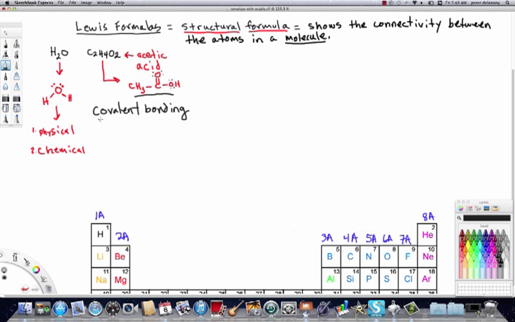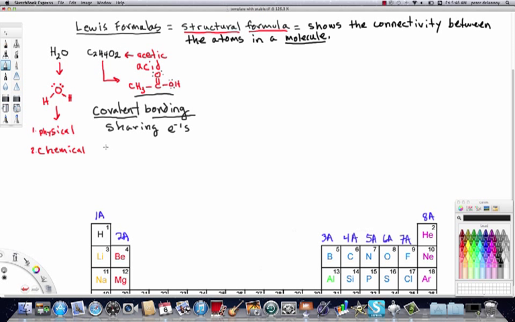And in covalent bonding, the glue that holds the atoms together, that links them together, is the sharing of electrons. So electrons are shared in a covalent bond. Now, I'm going to designate these two types of electrons two different ways.